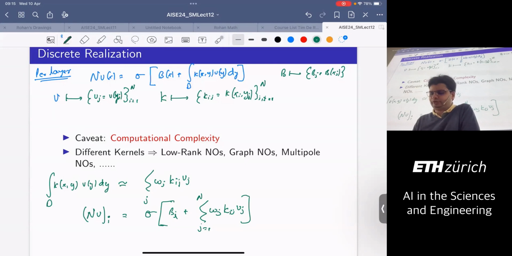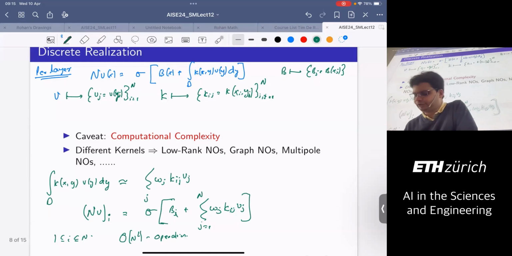So what is the computational cost of going from one function to another function? I is from 1 to n, so for each i, how many operations do you do? At least of the order of n operations. So the total is of the order of n squared operations. Now, what is this n?